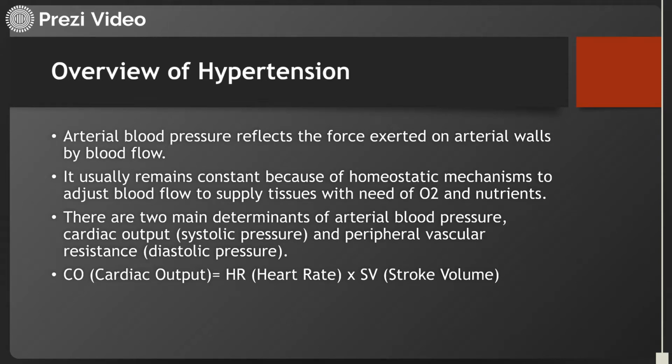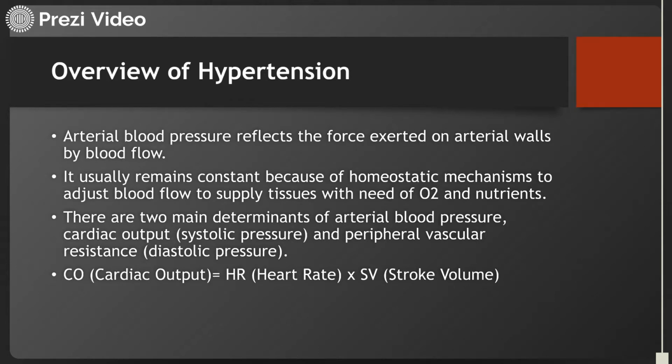Like you have your aorta, which will branch to your kidneys and your liver and your heart and all those things. It usually remains constant, because remember we're in constant movement, so it will either go up or go down with the movements that we're doing throughout the day.